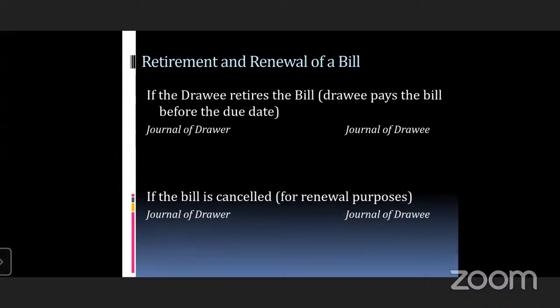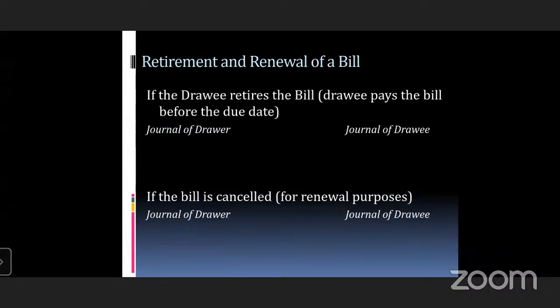If the drawee pays the bill before the due date, then he will be getting a rebate. This rebate is allowed to encourage the drawee to pay the bill before the due date. That we call retirement of the bill.